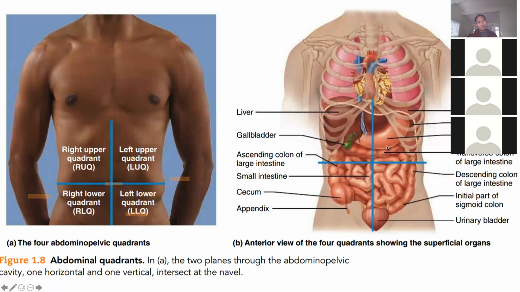So how about the left upper quadrant? If we look at that, it's mainly stomach, isn't it? Might be a small portion of the liver, but it is mainly stomach.